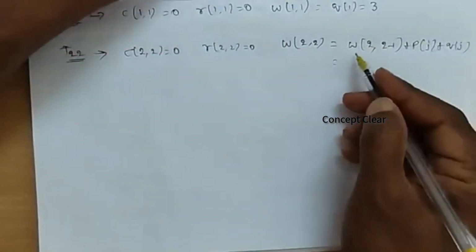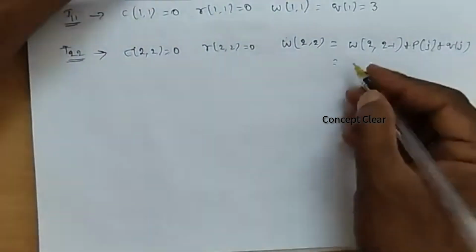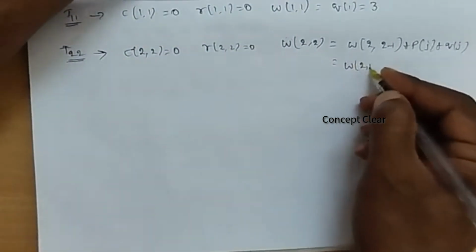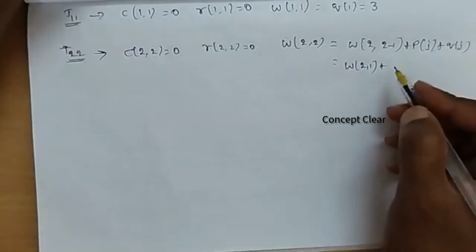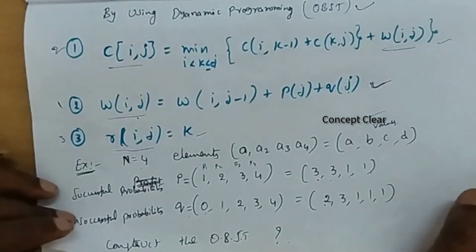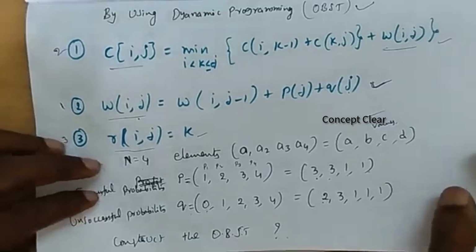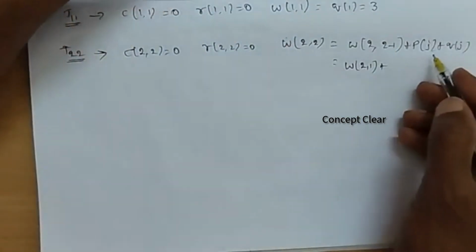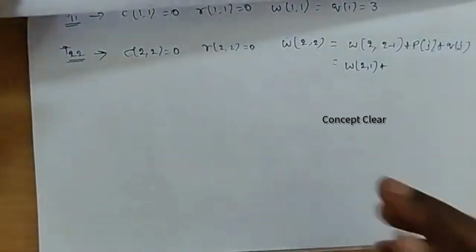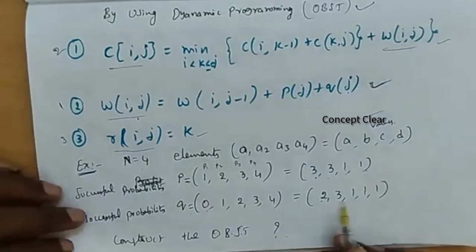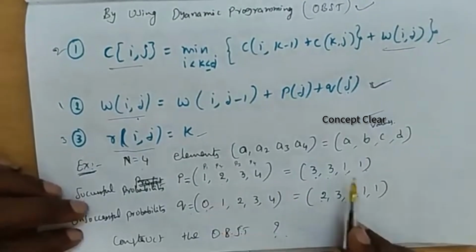So what is the value? W of 2 comma 1 plus P of j. What is the P of j value? P of j value is 2. The 2 value is 3.